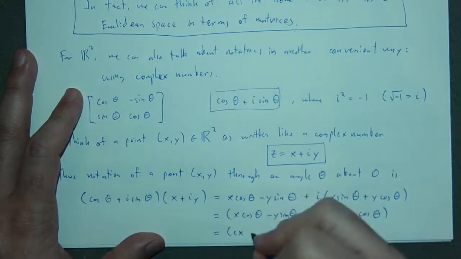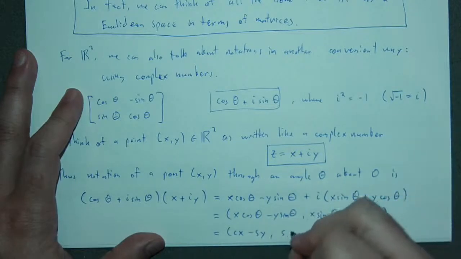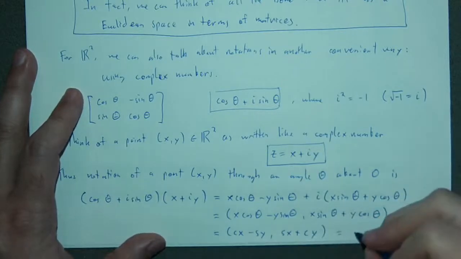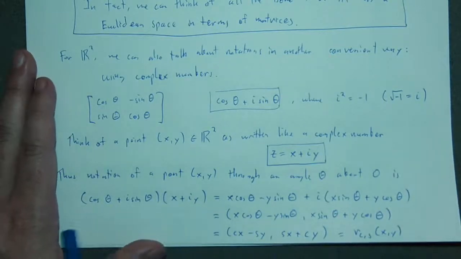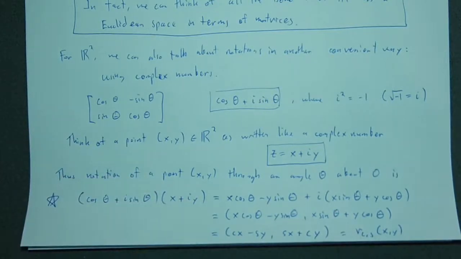I get cx minus sy in the first slot, and in the second slot I would get sx plus cy. Oh hey, that's exactly r sub cs of xy, right? Okay, and so multiplying by a complex number cosine theta plus I sine theta is another way of thinking about rotation. And so I can do this proof one more way now.